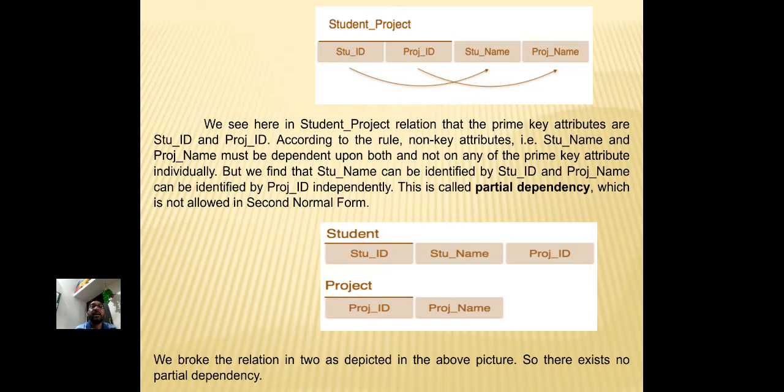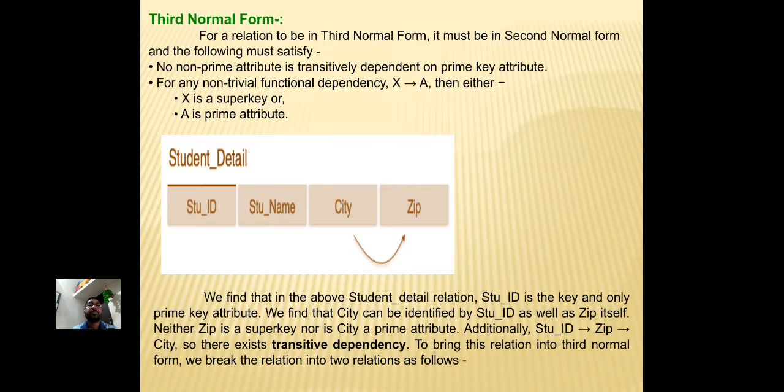But we find that student name can be identified by student ID and project name can be identified by project ID independently. This is called partial dependency, which is not allowed in second normal form. We break the relation into student ID, student name, and project ID, project name, as depicted in the above picture. So there exists no partial dependency.